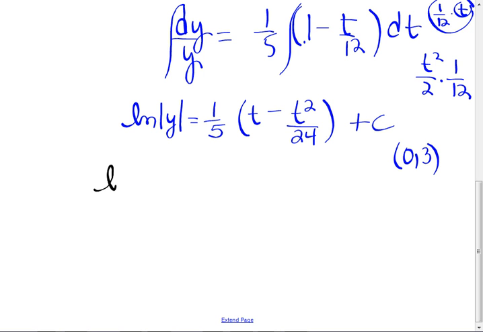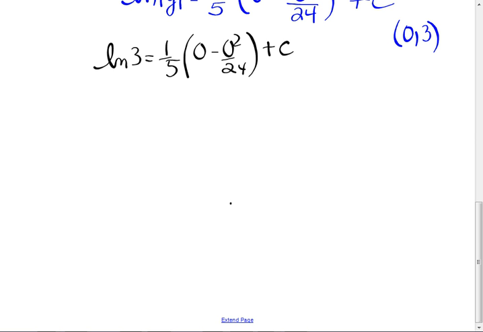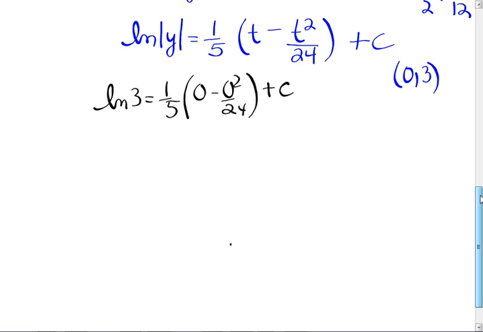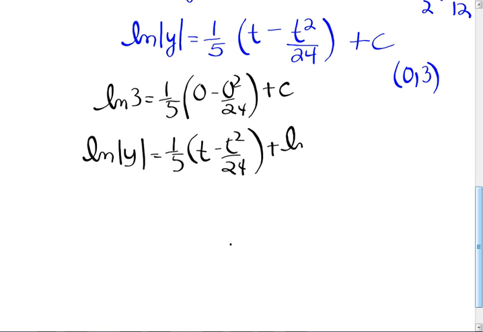So the log of 3 is equal to 1/5 times 0 minus 0 squared over 24 plus C. So ln of 3 is equal to C. So ln of the absolute value of y equals 1/5 t minus t squared over 24 plus the log of 3.